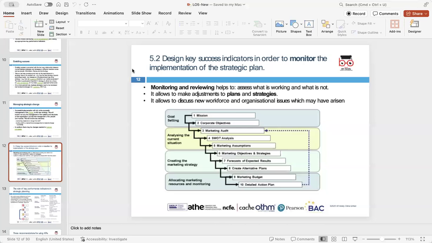Regular assessment allows an organization to determine what is effective and what is not, enabling adjustments to be made to plans and strategies as necessary. This process is also an opportunity to address any new workforce or organizational issues that may have arisen during the execution of the strategy.